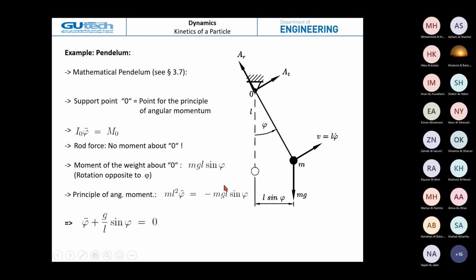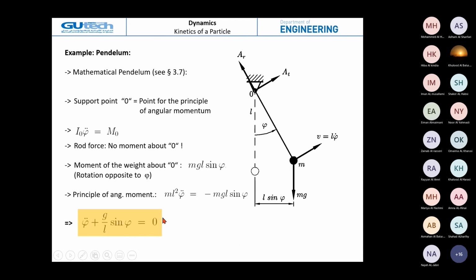Now, if we simplify, we cancel the mass m on the left and right hand side. Then we get the equation phi double dot plus g divided by L sine phi is equal to 0. This is what we have found by using either D'Alembert or Newton's law. This is the differential equation.